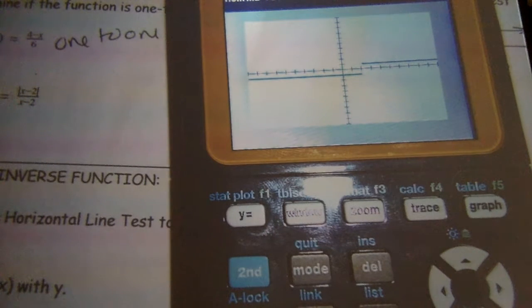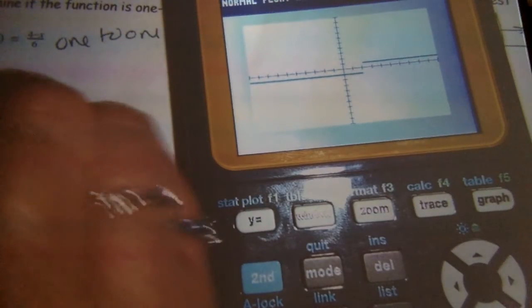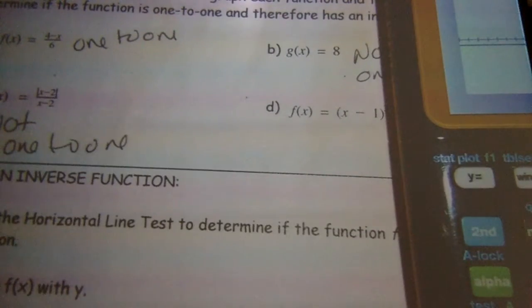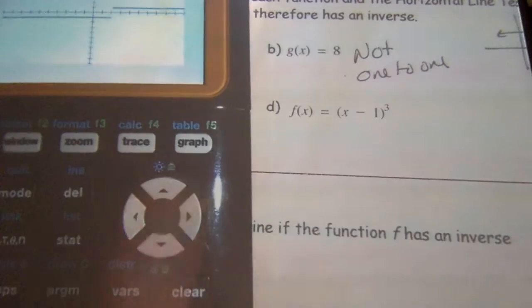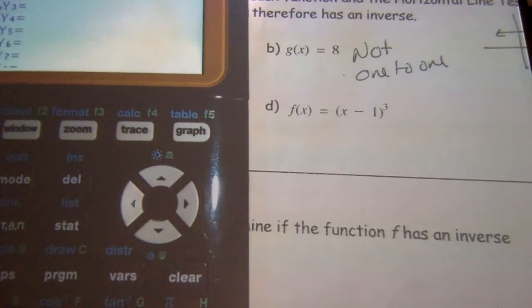What do you get here? Is this 1 to 1? No, I draw a horizontal line, it's going to cross again, so not 1 to 1. Last one. Y equals parenthesis x minus 1 up arrow 3.